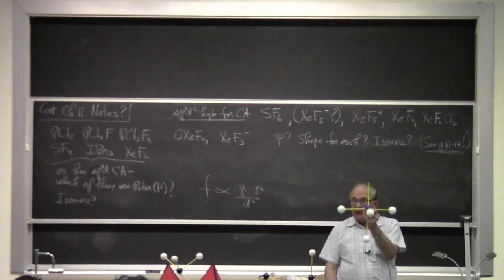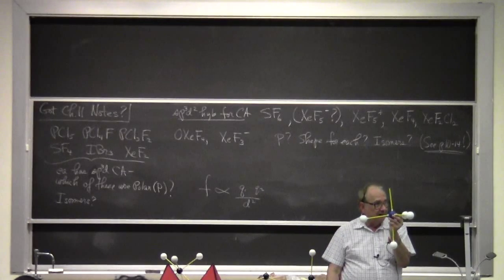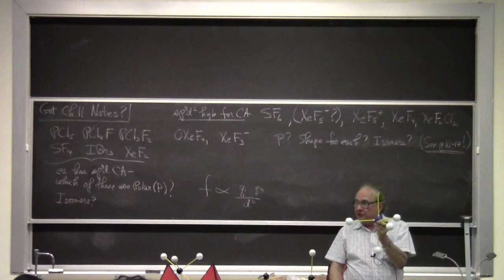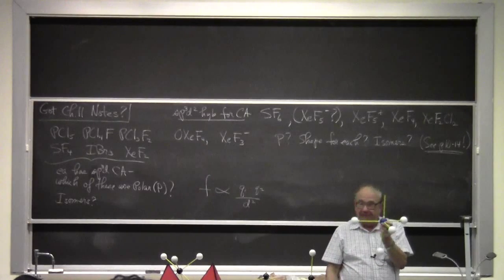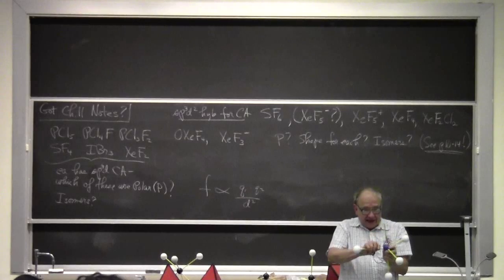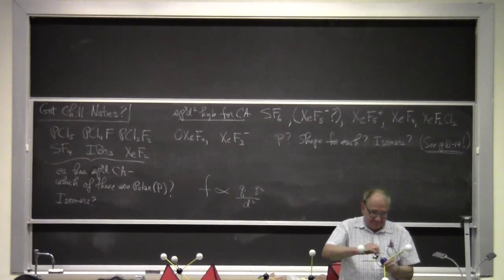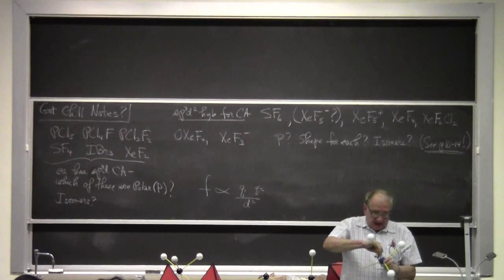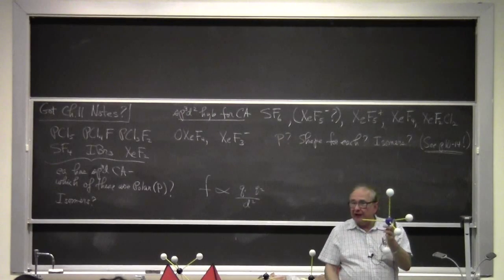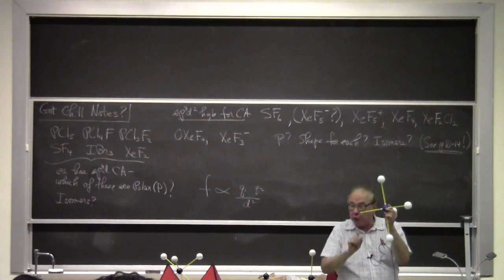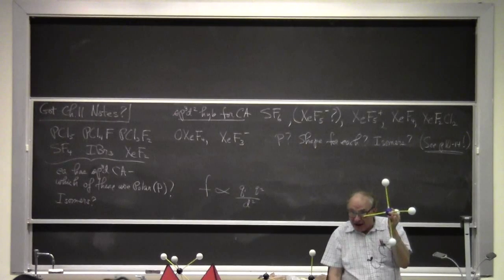And if I have the non-bonding pair here, how many 90-degree non-bonding pair, bonding pair interactions do I have? 3 of them. But if I have that non-bonding pair here, I have now reduced the number of 90-degree bonding pair, non-bonding pair interactions to 2. And that's better.